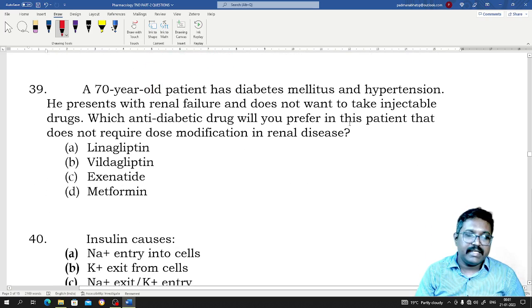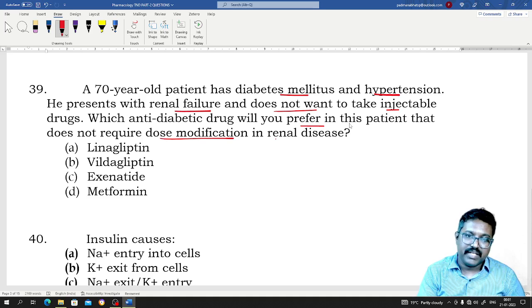So next, coming to the 39th MCQ, a 70-year-old female patient has diabetes mellitus and hypertension. She presents with renal failure and does not want to take injectables. Which anti-diabetic drug will you prefer in this patient that does not require dose modification in case of renal failure? Metformin requires dose modification in renal failure, excluded.